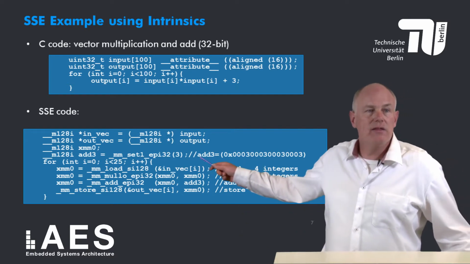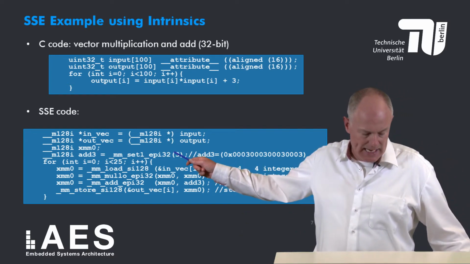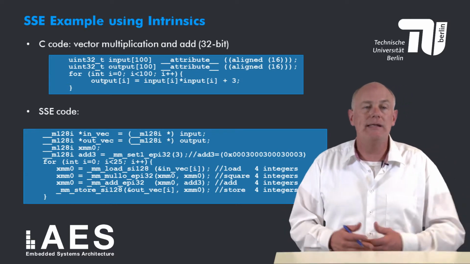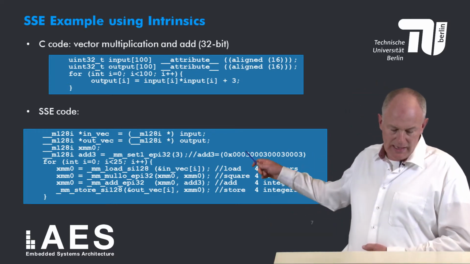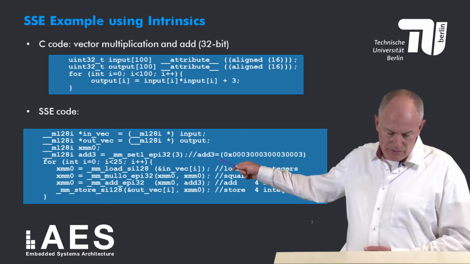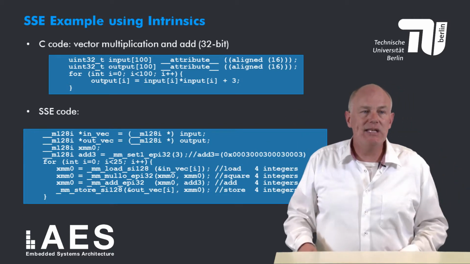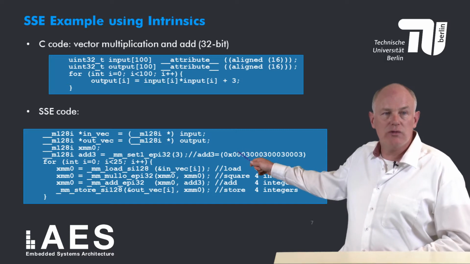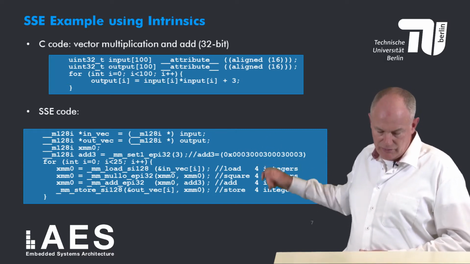We need this variable xmm0 as a temporary result, which is also aligned at a 16-byte boundary. And we use the constant value 3, which we splat into a vector consisting of the values 3, 3, 3, 3.